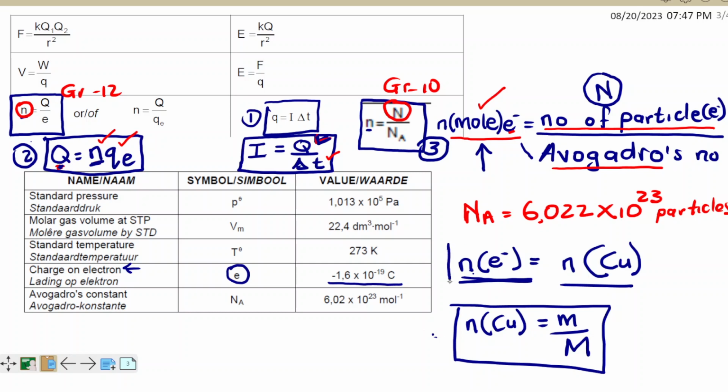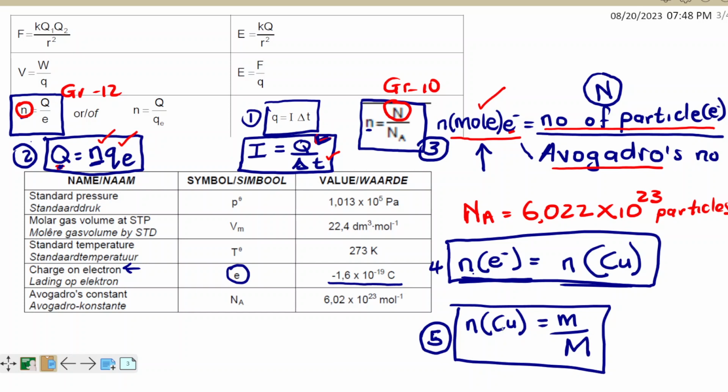Okay, this would be 4, but to find the number of moles of copper, this would be a 5th calculation. So I think I have shown you the map here. So we are going to move now from backwards. We're going to start with calculation number 5.